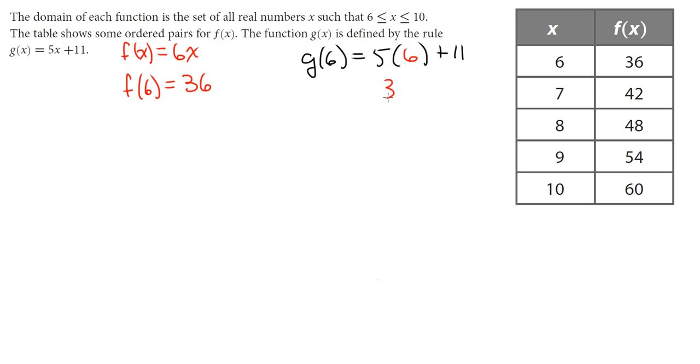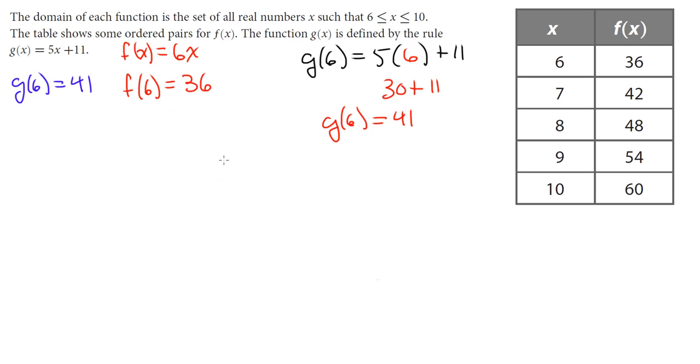Well, 5 times 6 is 30, and 30 plus 11 is 41. So the initial value of g of x is 41. So g of x has a greater initial value than f of x.